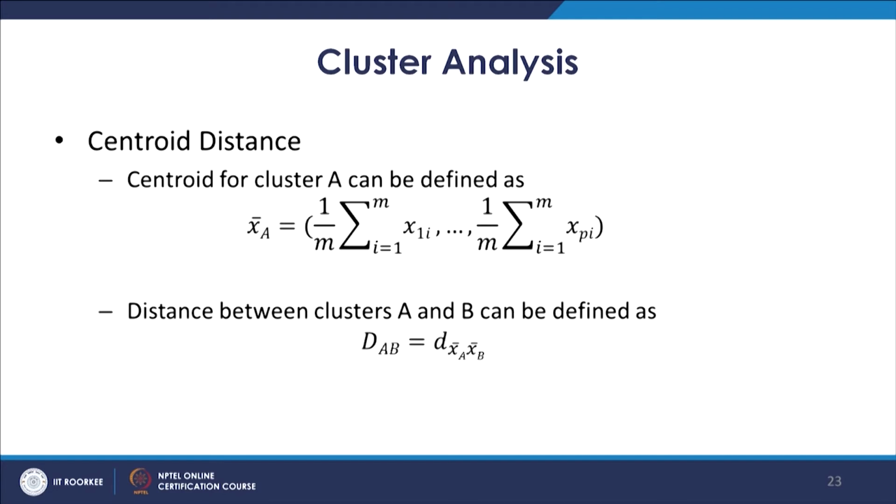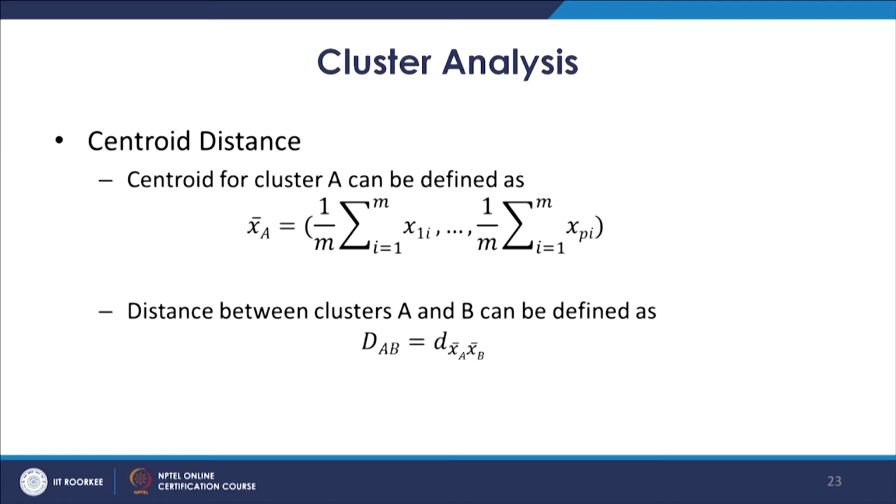The first coordinate is computed as the average value. Because there are m observations in cluster A, we have multiplied by 1 over m, and then the summation over all the observations x 1 i, where 1 represents variable 1, and i ranges from 1 to m, covering all the observations.